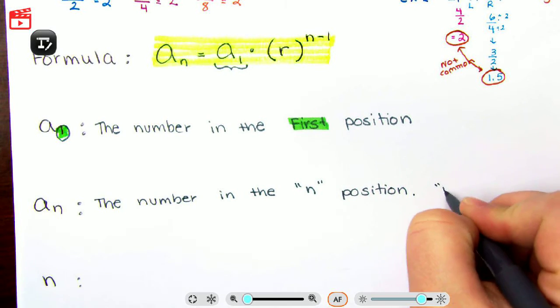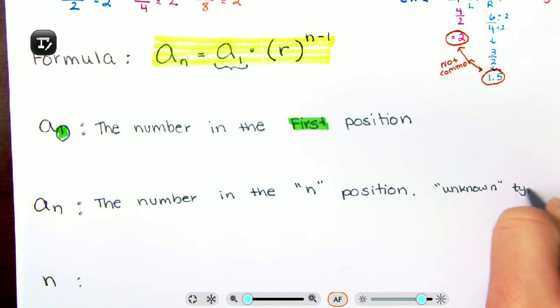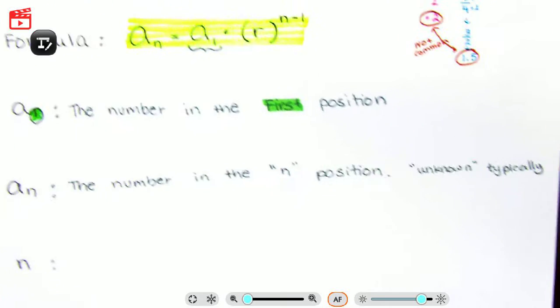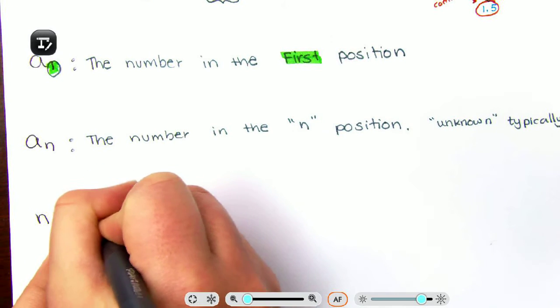So this is your unknown, typically. Sometimes they tell you a sub n is this number, but a lot of times you don't know what a sub n is. You don't know what n is. So what is n? n is the position number.